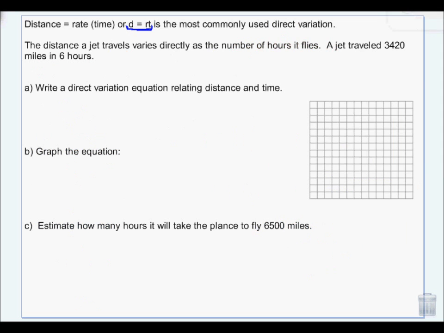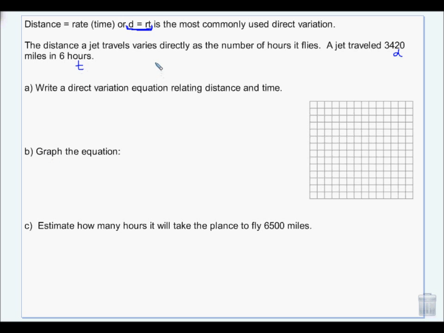And direct variation is the distance equals rate times time. And you think about it, you're driving. The longer you drive at whatever speed you're driving determines your distance. So it makes sense. If a jet is traveling 3,420 miles in 6 hours, we have distance and we have time.